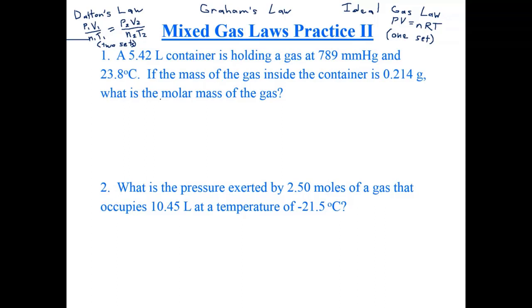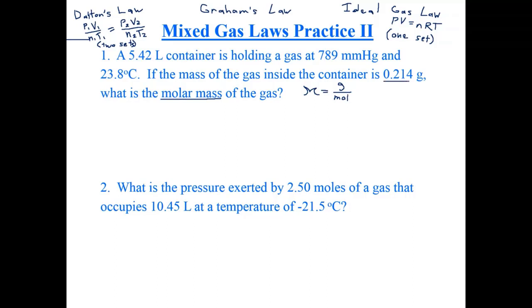Now, even though technically speaking the molar mass is not in the ideal gas law in this form, keep in mind what the molar mass is. Molar mass, a fancy cursive M is sometimes used for molar mass, is equal to the grams divided by the moles.